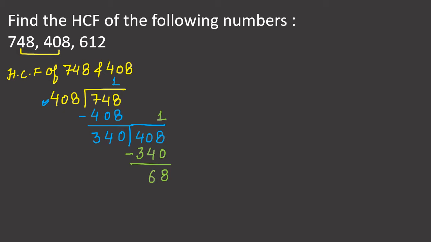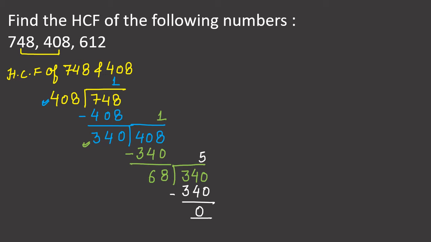Now 68 is the remainder and it will be the new divisor and the dividend will be 340. So write 340 as dividend now. Divide 340 by 68. So 68 fives are 340. Subtract them. Remainder is 0.